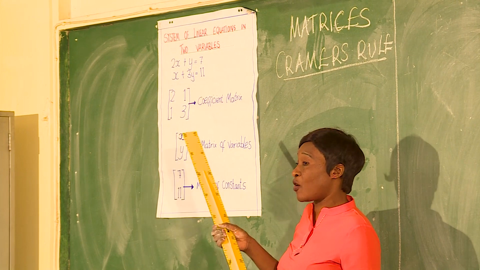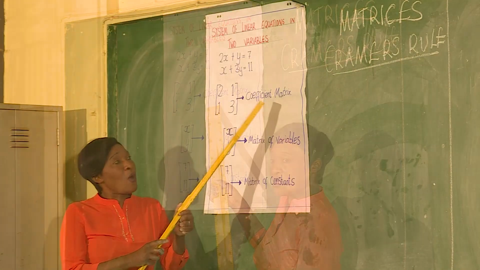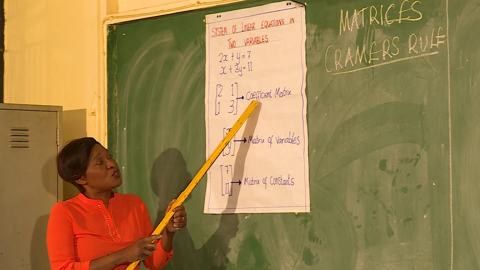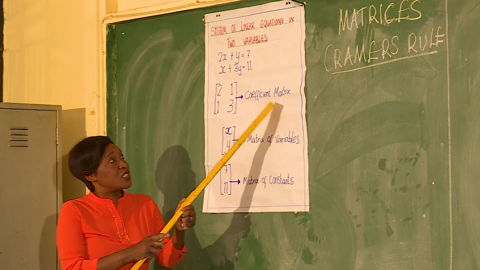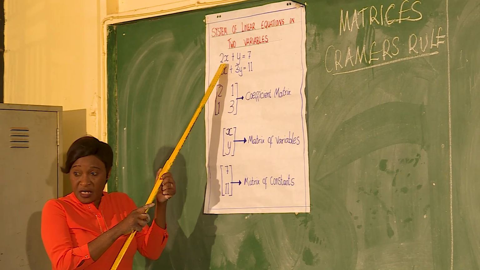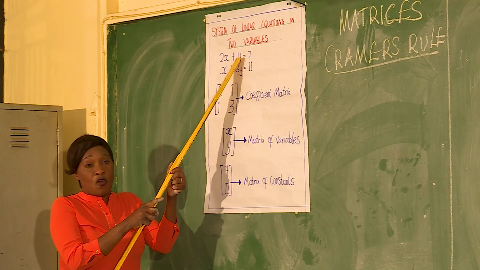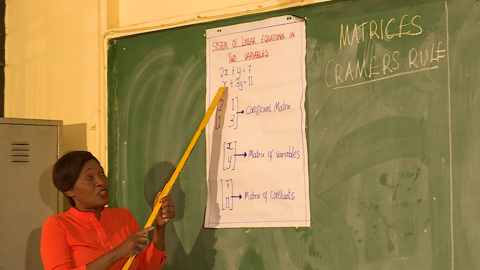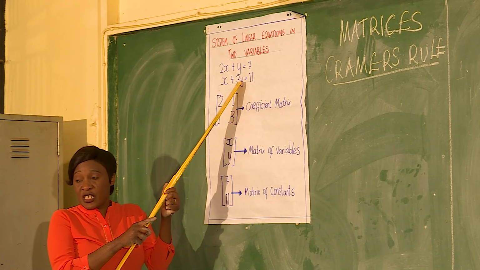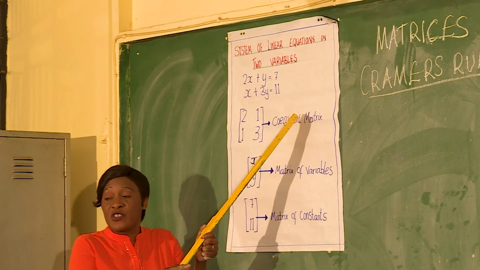How do we come up with the coefficient matrix? Look at the coefficients. We have 2x. 2 is a coefficient, and x is a variable. Here we have a coefficient of 1. Here we have a coefficient of 1. And here we have a coefficient of 3. This is the reason why this one is called the coefficient matrix.